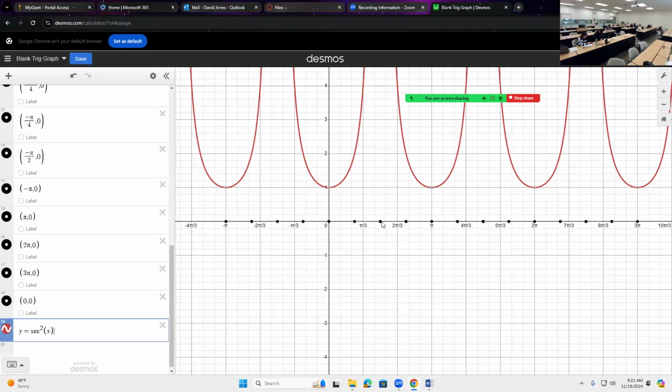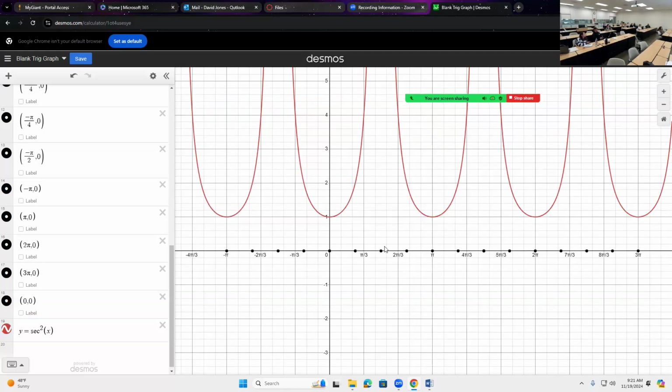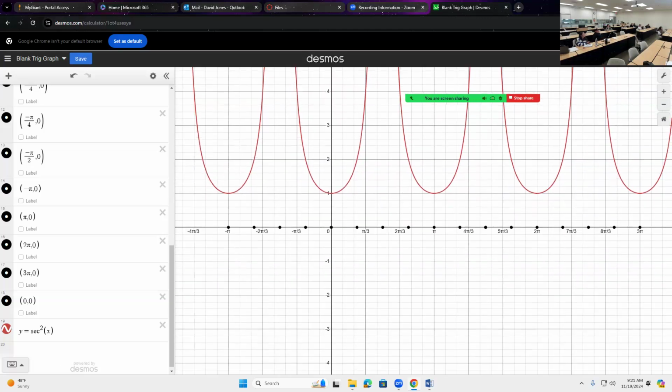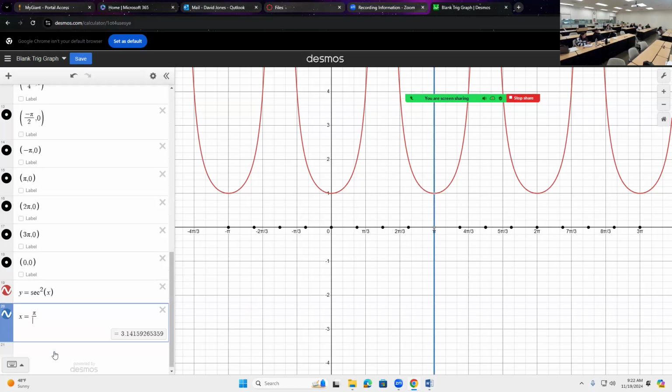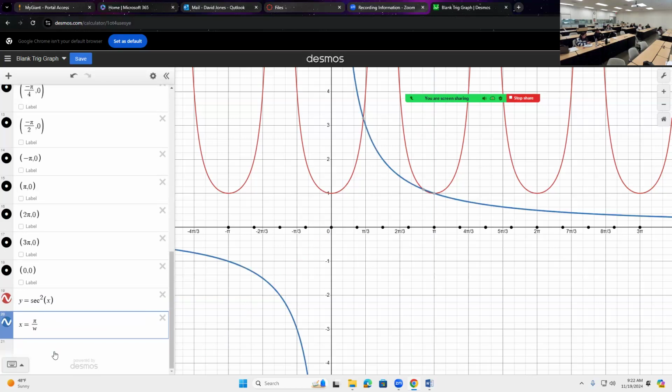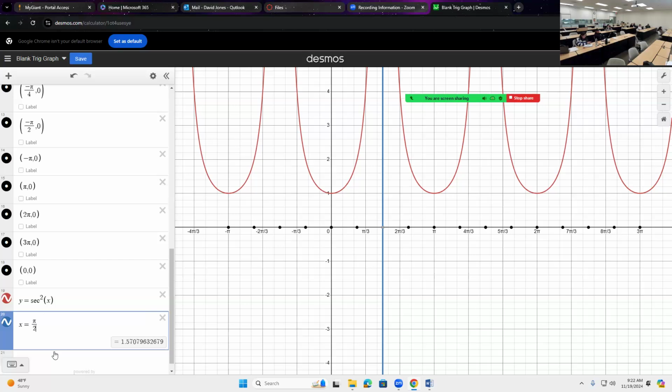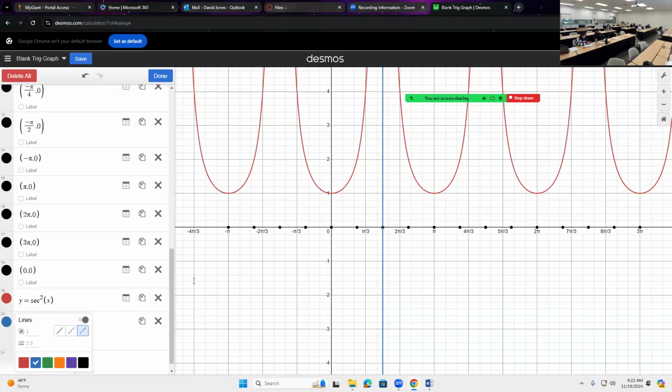So these little stagger points are the increments of pi/4. Pi/4 is here, pi/2 is here. Let's just make a line there. Make it dotted.